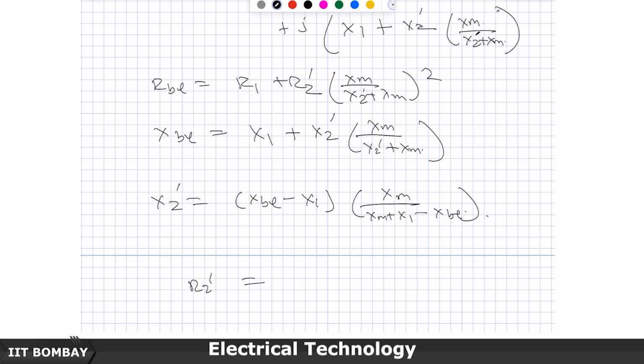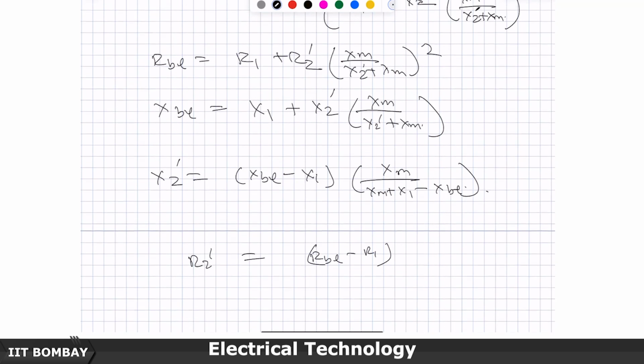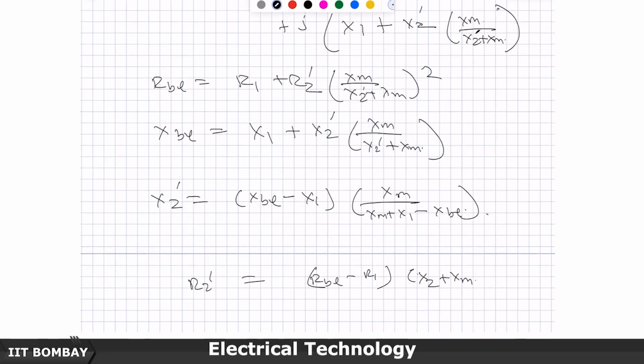I can write it as R_BL minus R1 into x2 plus x_m divided by x2' by x_m, divided by x_m square.